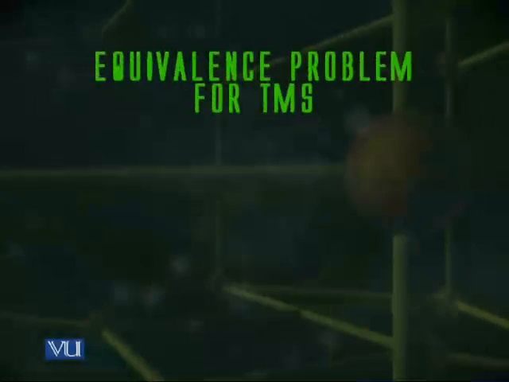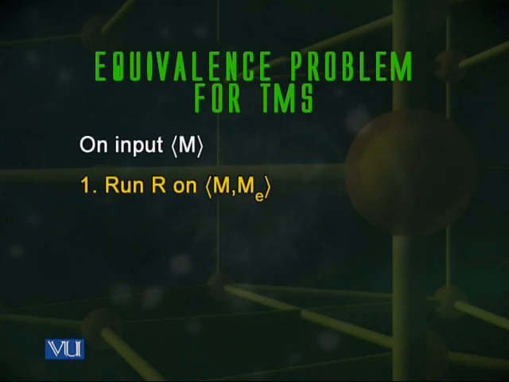The language of such a Turing machine is going to be empty. We call that particular Turing machine ME, and you can design it once and hard code it. Now, let's look at the description of S. On input M, S runs the Turing machine R on the pair M, ME.